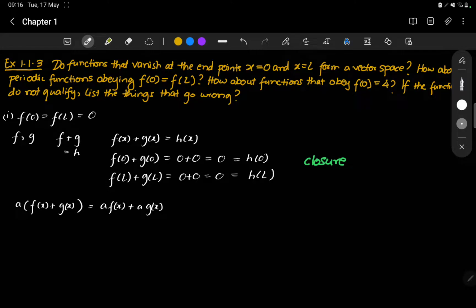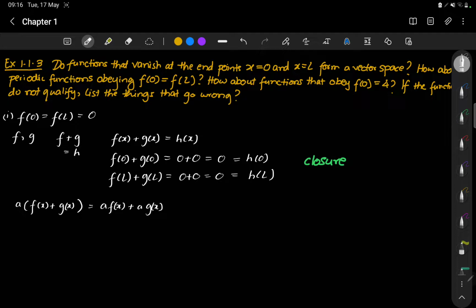So we have scalar multiplication distributive in vectors.